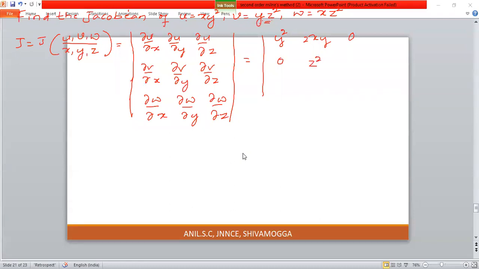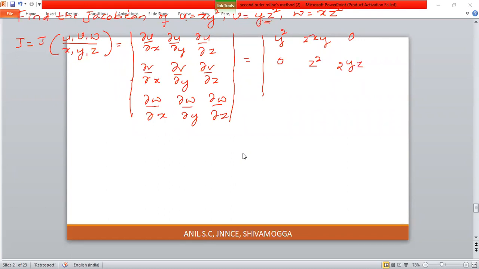Keep z square as it is; the derivative of y with respect to y is 1. Next, del v by del z. Differentiate y z square with respect to z, treating y as constant. Keep it as it is; the derivative of z square is 2z.